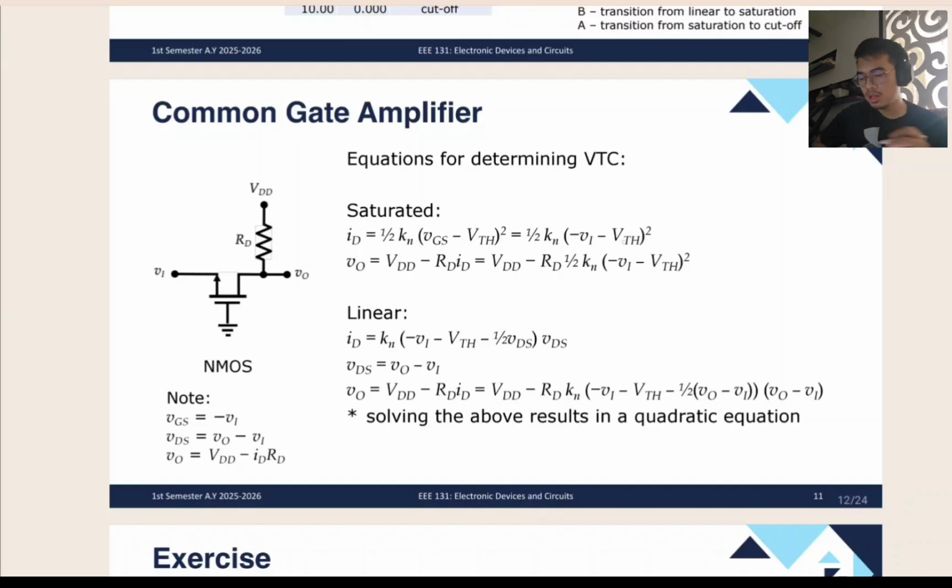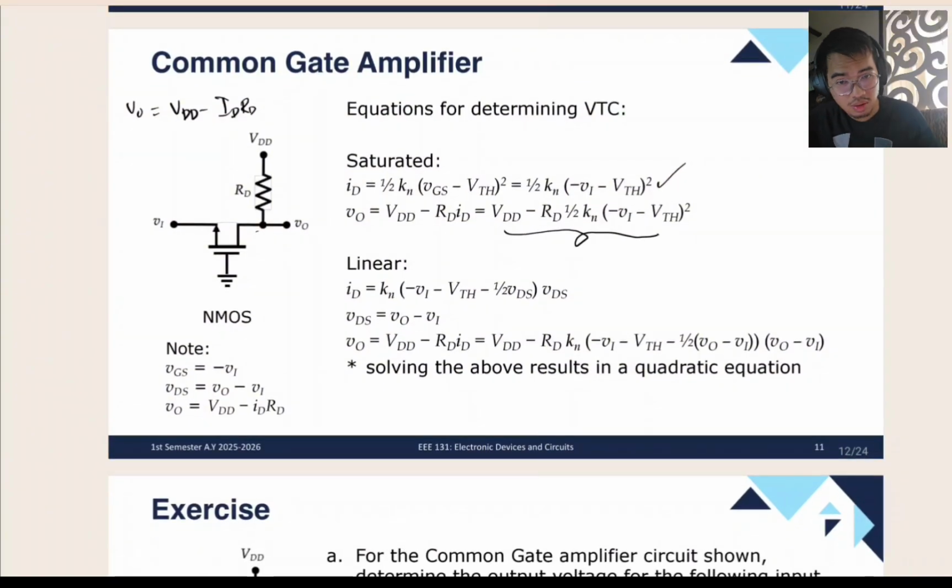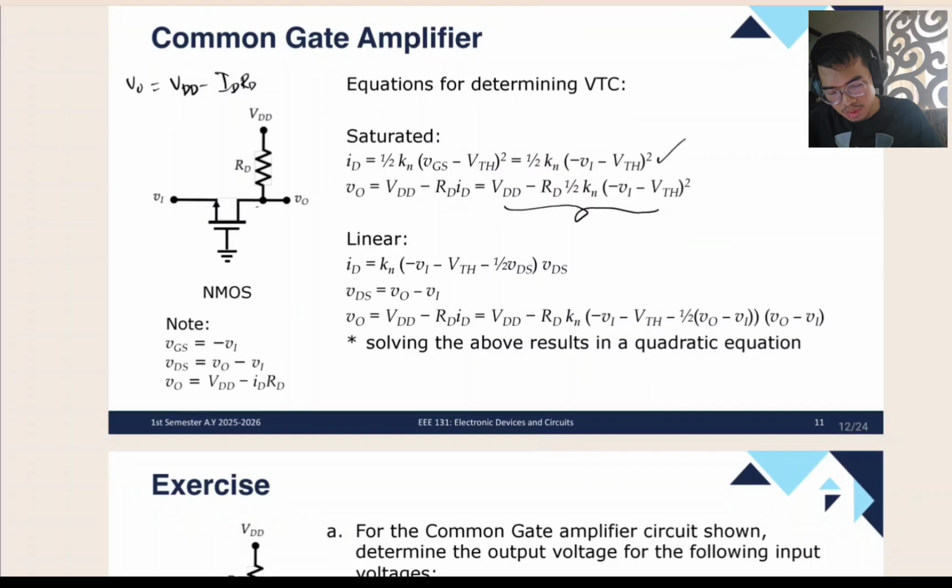If it's saturated, this is going to be the current expression, and our output is just VDD minus IDRD. In that case, this is going to be your expression for V out. For linear, mag-iiba lang ulit yung current, therefore ito yung expression natin for linear.